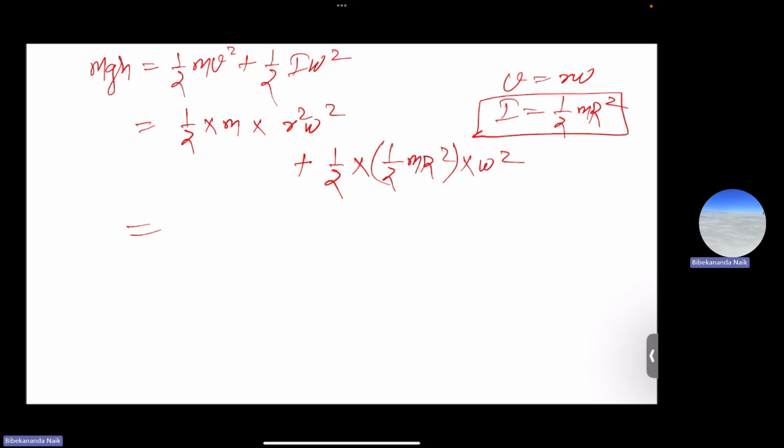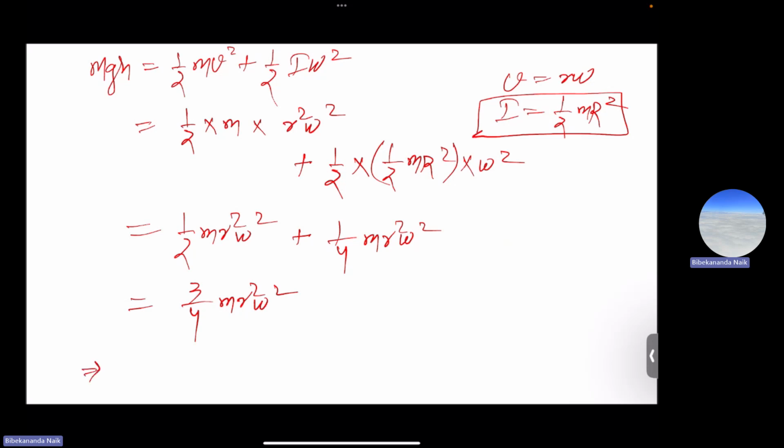So here it is half m r square omega square plus 1 by 4 m r square omega square. So it becomes 3 by 4 m r square omega square.